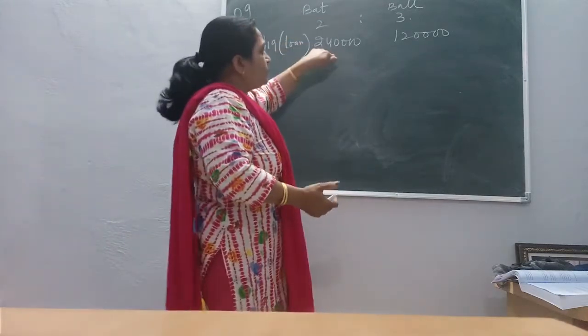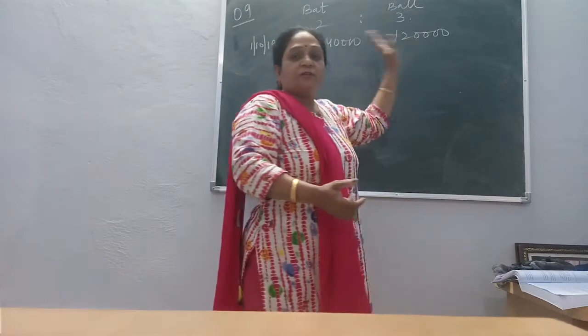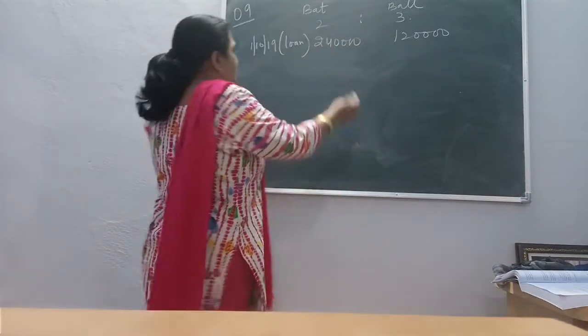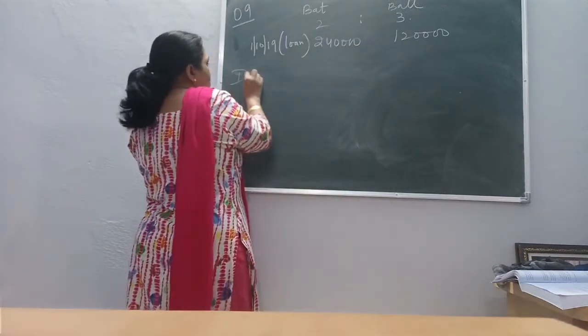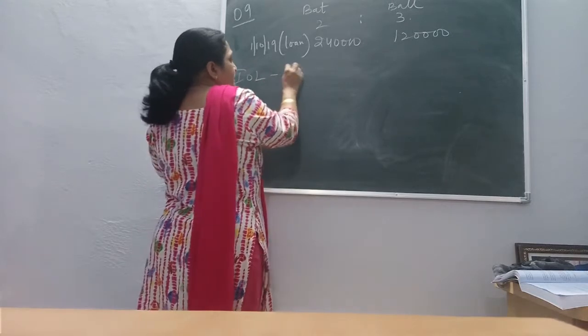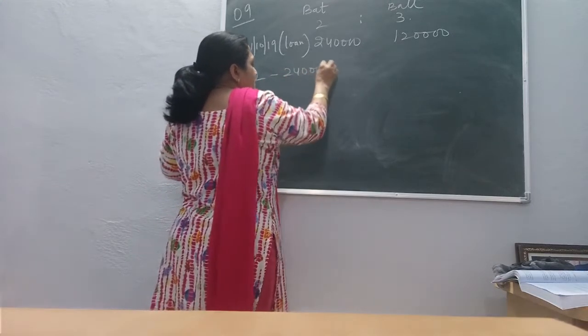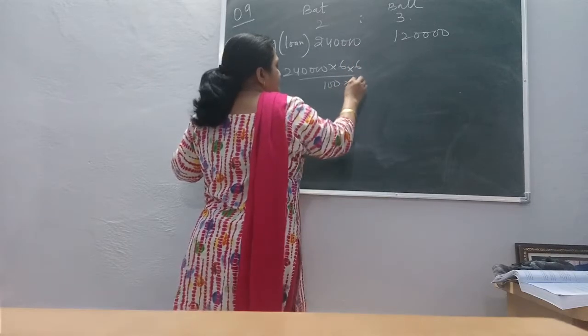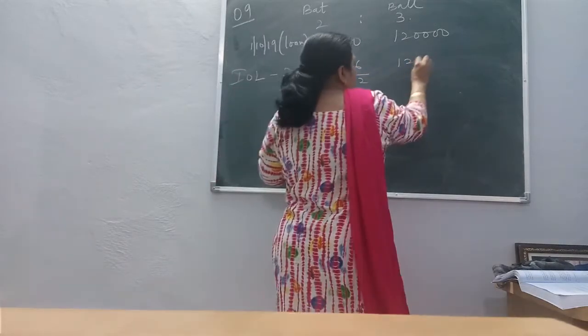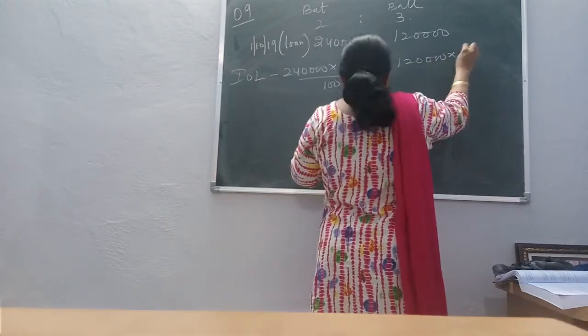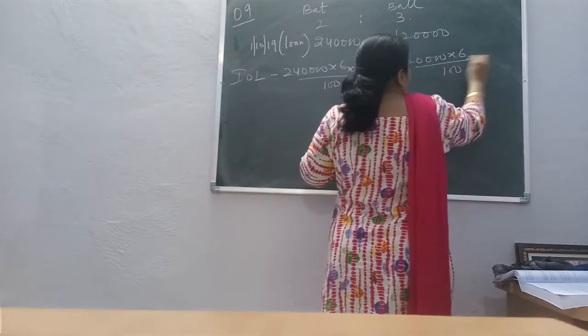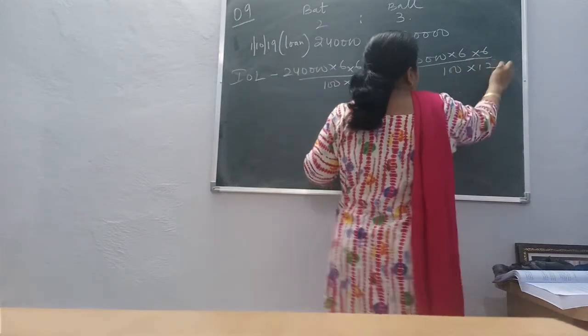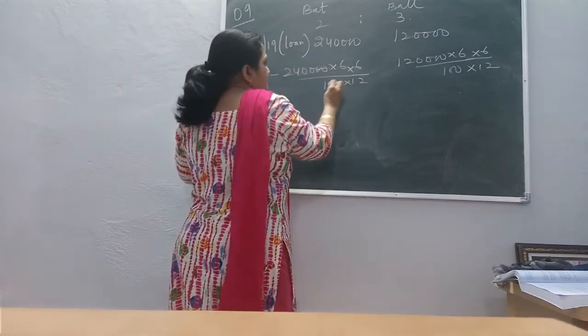Bat has provided 2,40,000, Ball has provided 1,20,000. Same way we will be calculating interest on loan. That is 2,40,000 into 6% for 6 months. Again 1,20,000, 6% for 6 months. So calculate this.